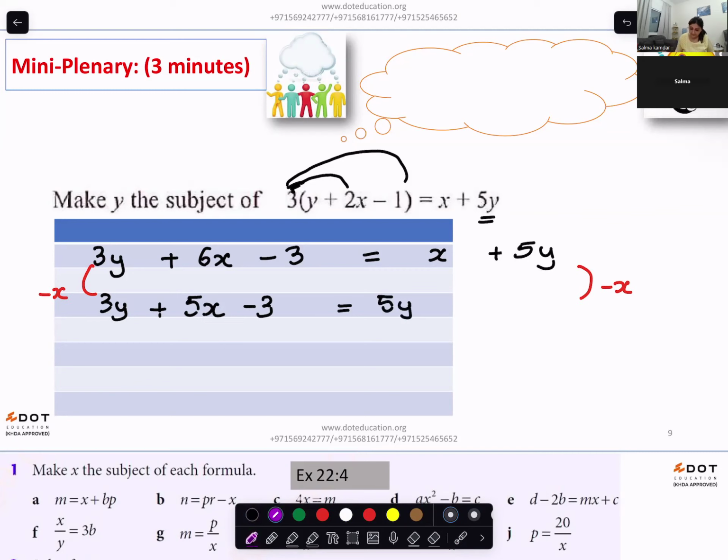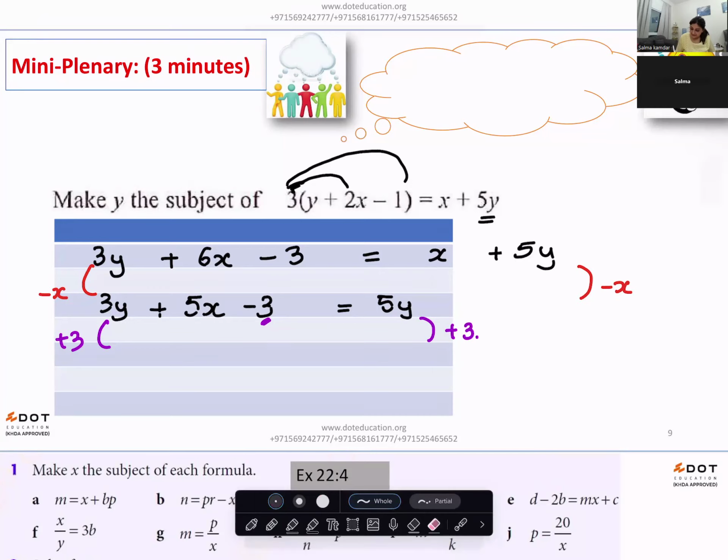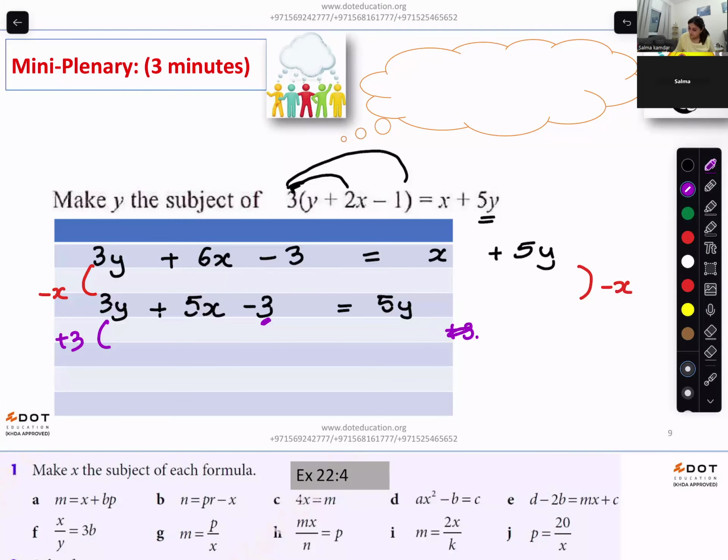Now what will I do? I'll get rid of this 3, so I will add the 3 on both the sides. Or let me make y alone first. y on one side. So if I want y on one side, I will remove this 3y from here. So minus 3y and minus 3y, I am going to be left with 5x minus 3 is equal to 2y.